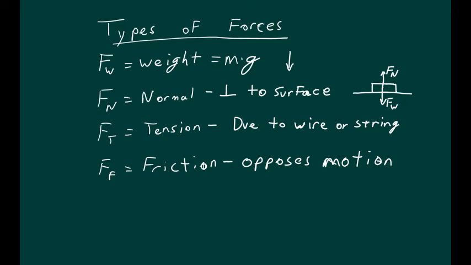So if you're moving to the right, friction would act to the left. If you are moving up to the right, friction would act down. Okay, friction is always opposite to the motion.